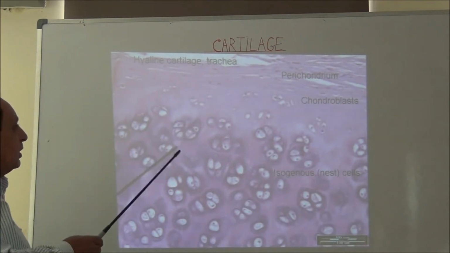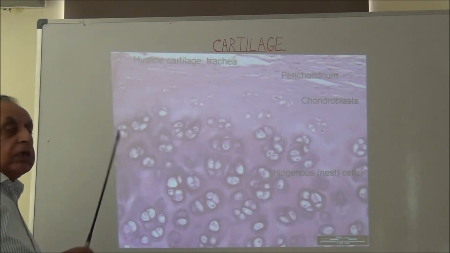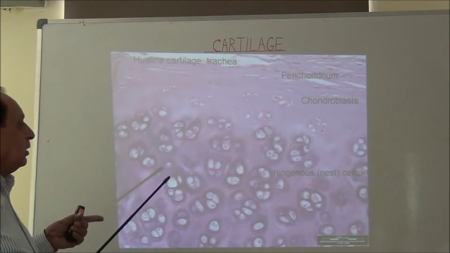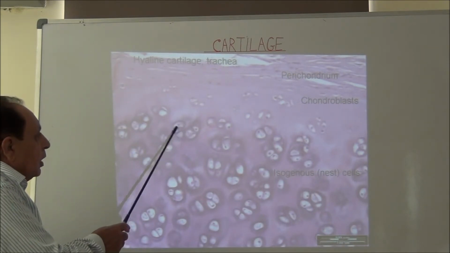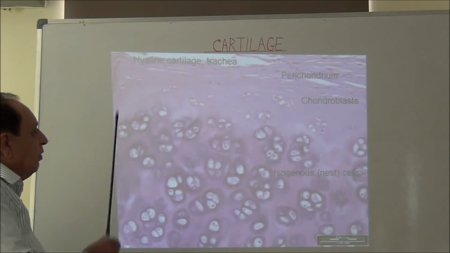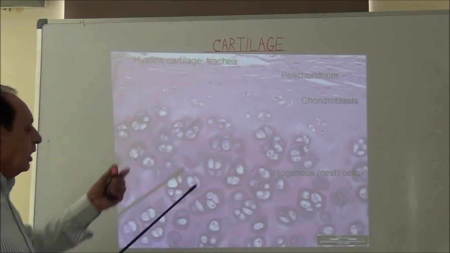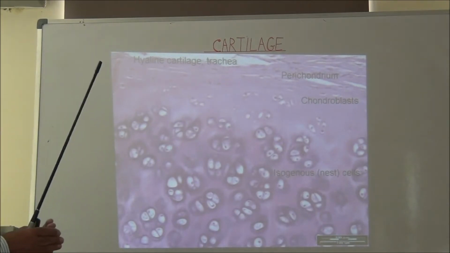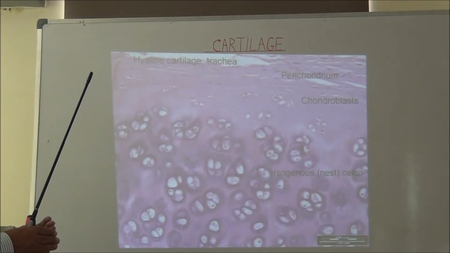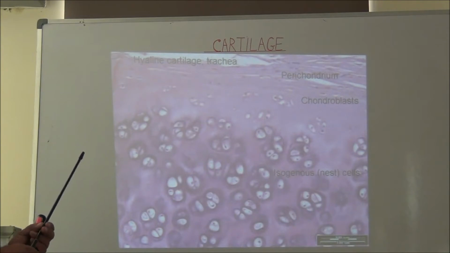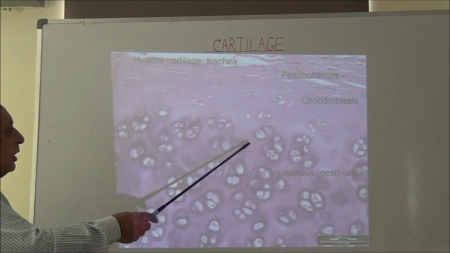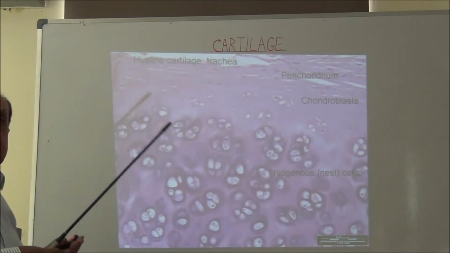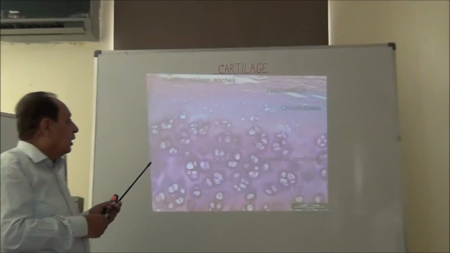Now these cells called the chondrocytes are rounded in shape, having a nucleus, and these cells are present in a space in the matrix called the lacunae. So all these cells are present in lacunae or spaces.